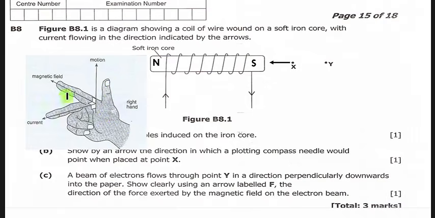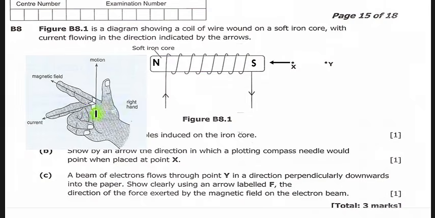This is Fleming's right hand rule, where you hold your thumb, your first finger and your second finger at right angles like this. The angle between this finger and this one is 90 degrees, between this finger and this finger there's 90 degrees, and also between this finger and this finger, 90 degrees. So there's 90, 90, 90.